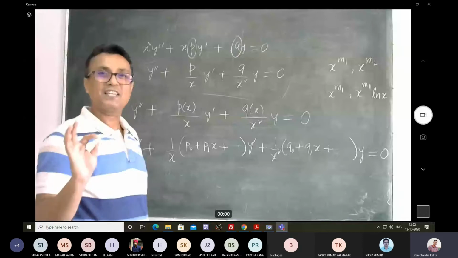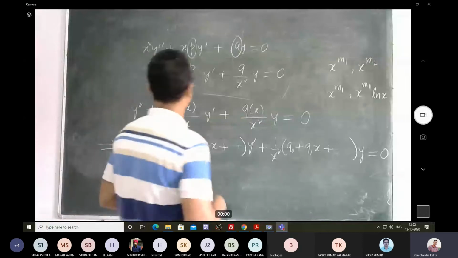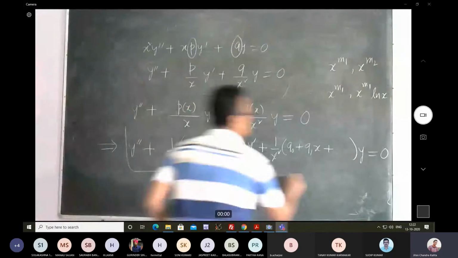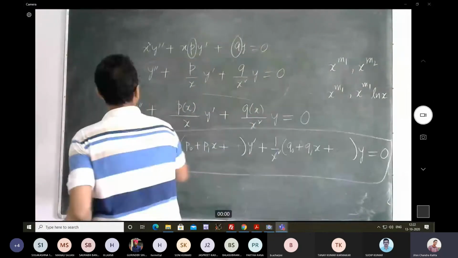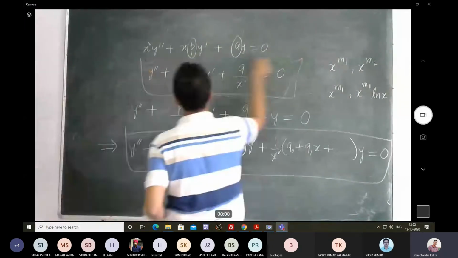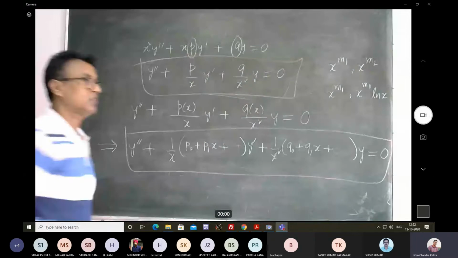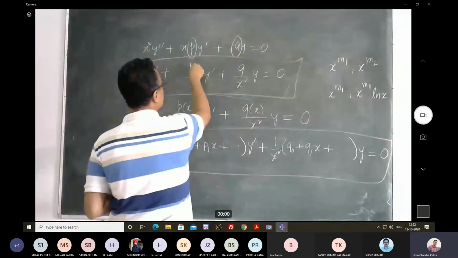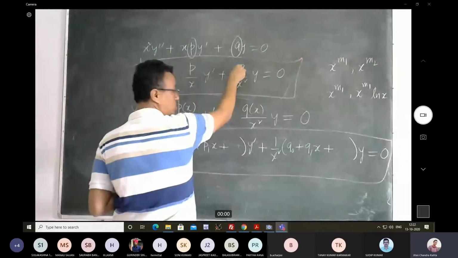So this gives us an idea. Now what you have to do is simply compare this equation and this equation. The only difference is that here I had constants p and q.